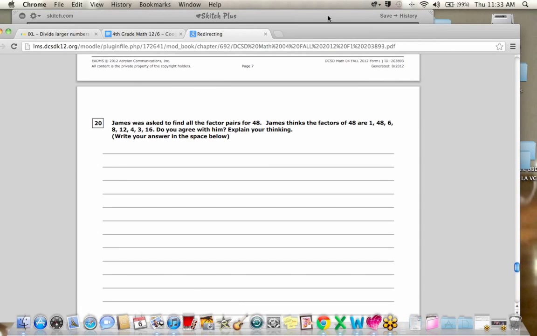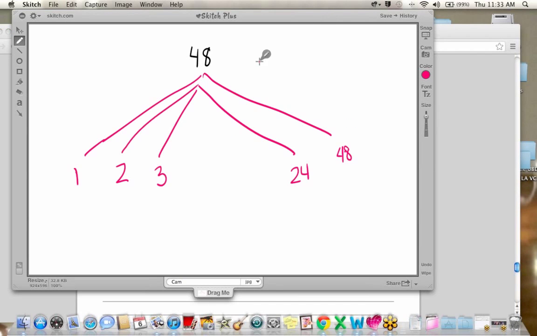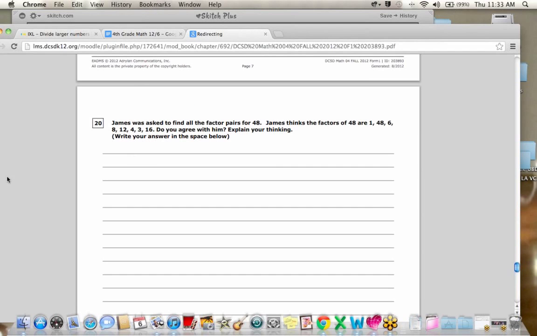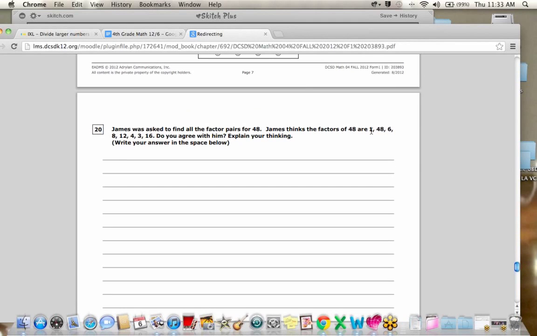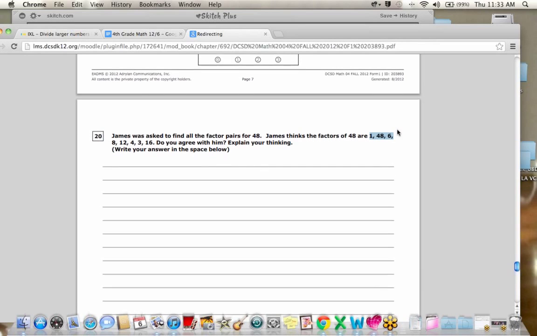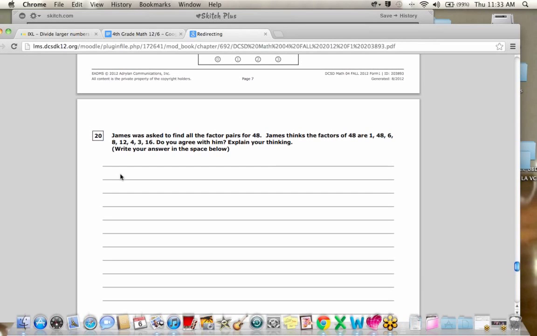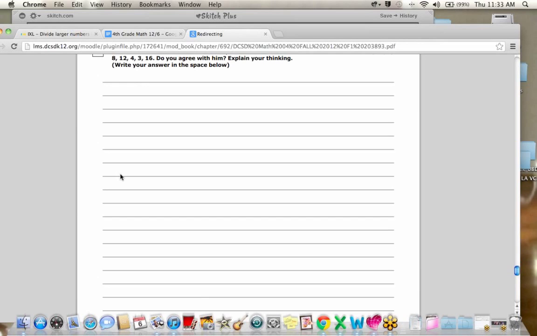I don't think so. But basically, we don't even need to go any farther, because guess what? He forgot 2 and 24. So I would take that line out. He forgot 2 and 24, so he did not find all of the factors.